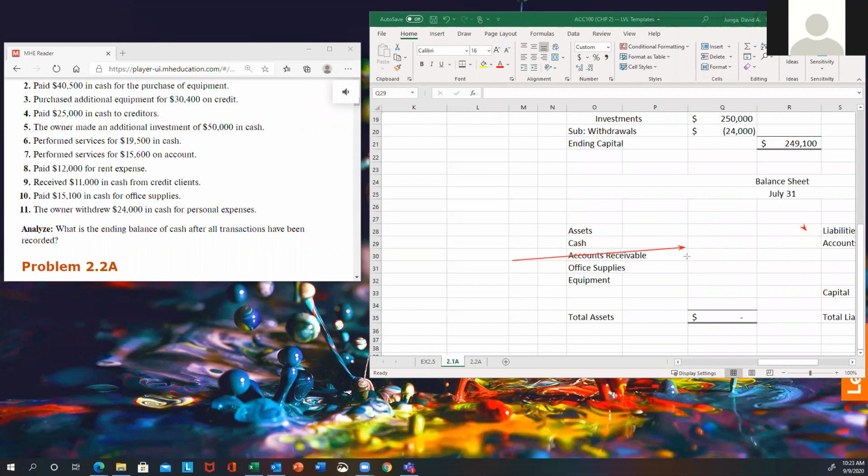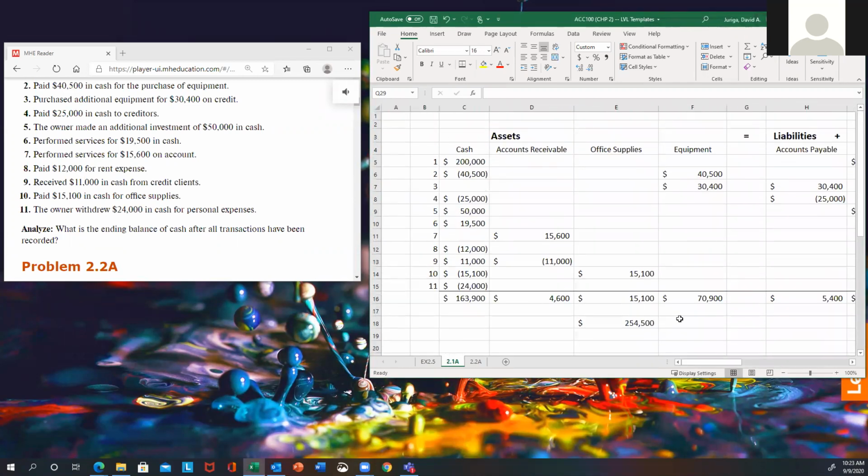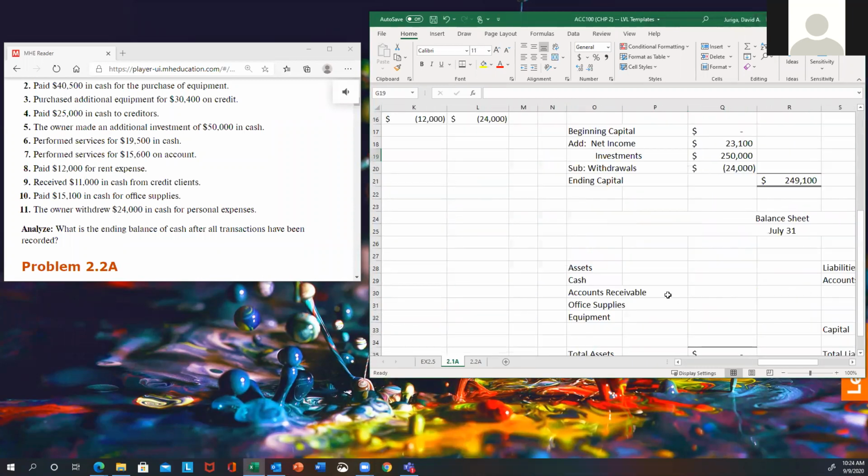We're just going to go to our accounting equation and list our assets and our liabilities, and let's see if we balance. Remember, your balance sheet is quite literally your accounting equation, which we know balances. Unless we copied something over wrong, we should be fine. So let's go up. We know cash is $163,900, so I'm just going to plug that in.